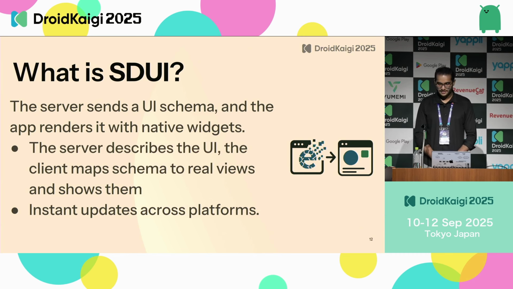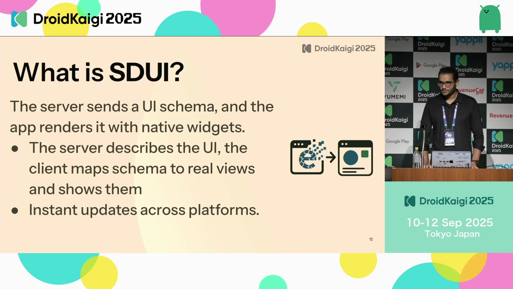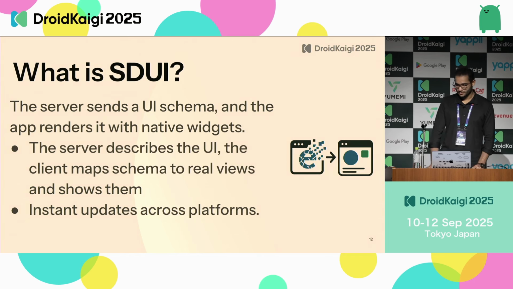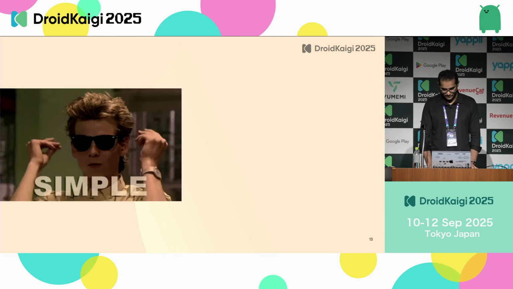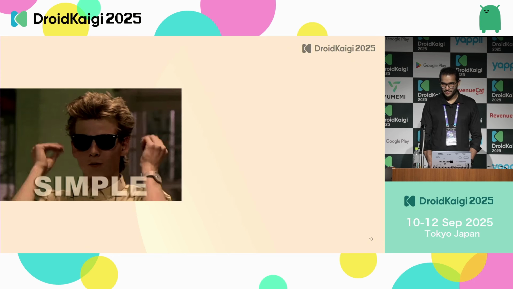The server sends instructions and your app just reads them, creates the UI, and renders it on the screen. You can change most of the UI instantly from the server without redeploying the app to production and being reviewed by app stores. Simple, isn't it? But let me explain as well.